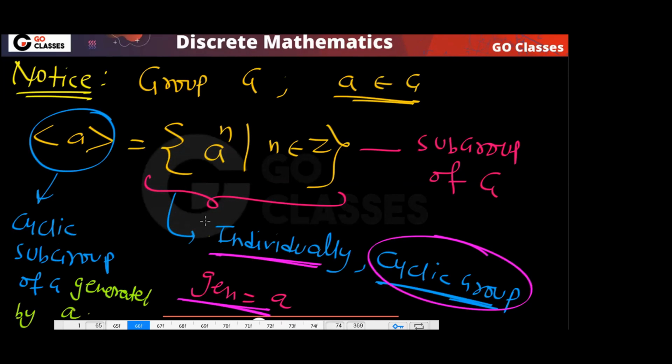Because individually, remember, this is a cyclic group. Is this concept clear?